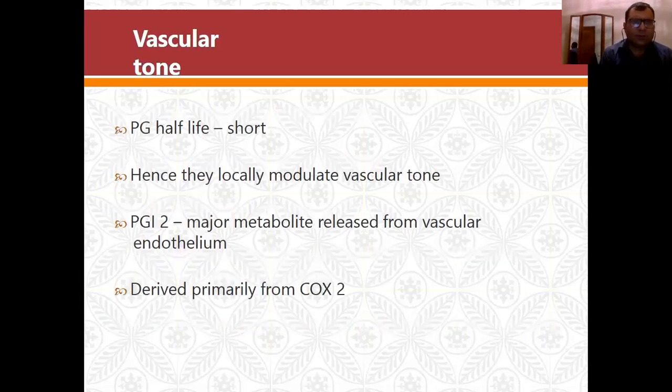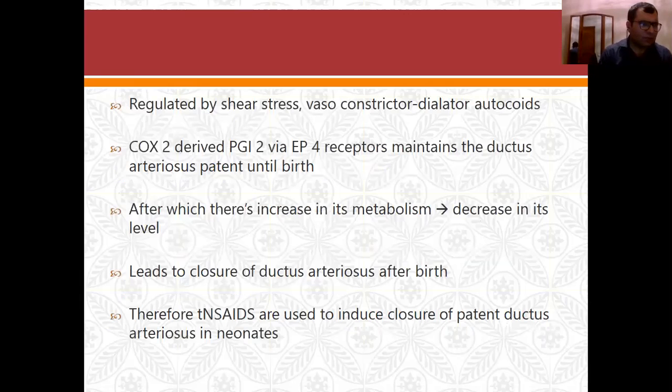Vascular tone: as I told earlier, prostaglandin half-life is short, and hence they locally modulate vascular tone. Prostaglandin I2 is a major metabolite released from vascular endothelium and derived primarily from cyclooxygenase 2, regulated by shear stress, as a vasoconstrictor or dilator autacoid.